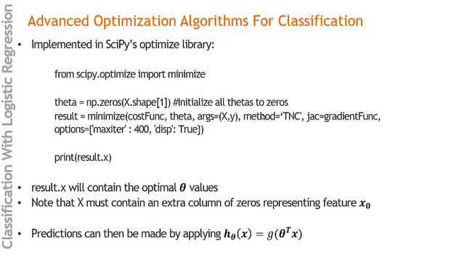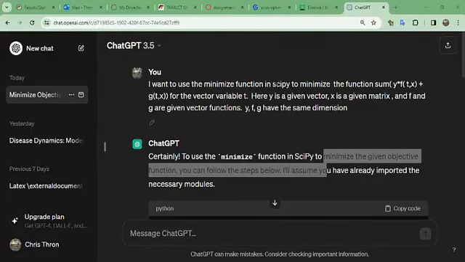So when you want to get down to specifics, ChatGPT can be helpful. It may not give you exactly the right code that you need, but it can make good suggestions. So for example, I asked this to ChatGPT. I want to use the minimize function in SciPy to minimize the function sum of y times f of t x plus g of t x for the vector variable t.